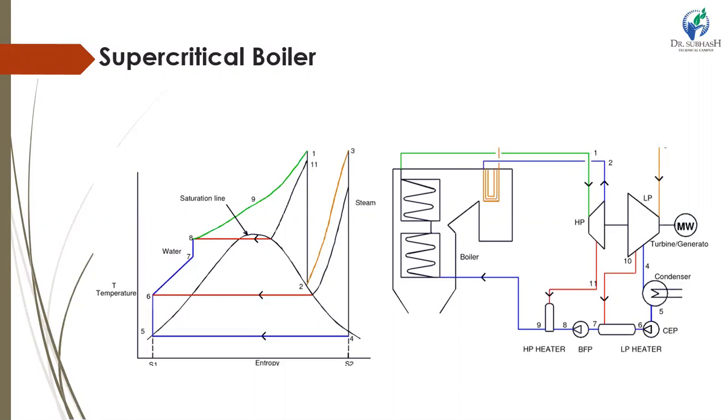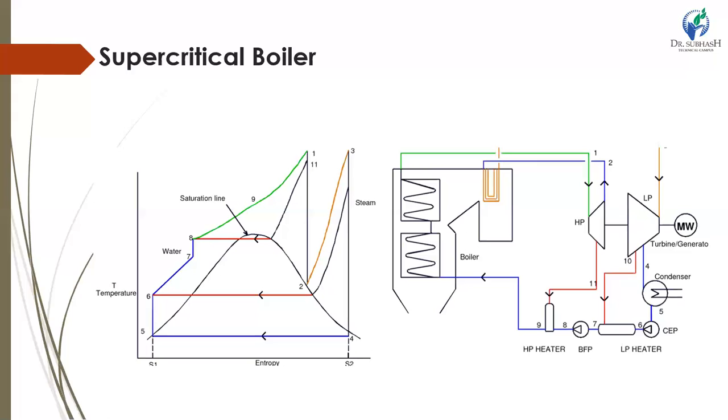So let's see the advantages of supercritical boilers. The heat transfer rates are considerably higher compared to subcritical boilers due to the absence of a two-phase mixture. Problems of corrosion are minimized.